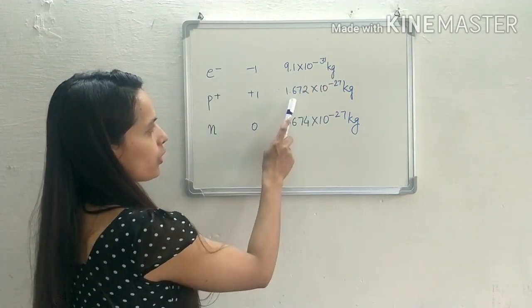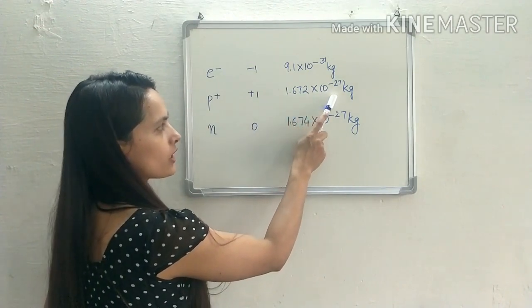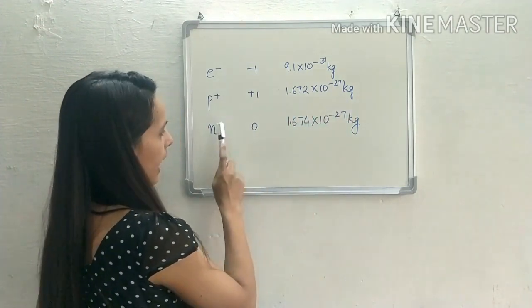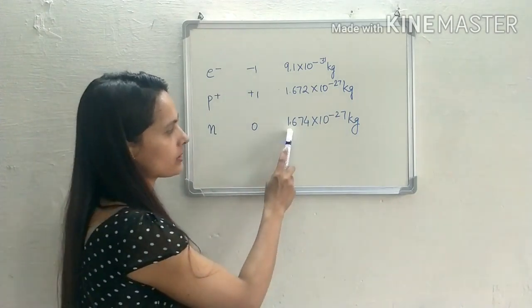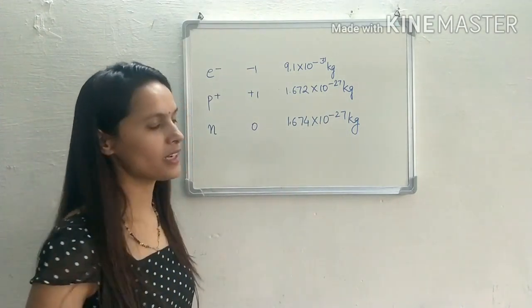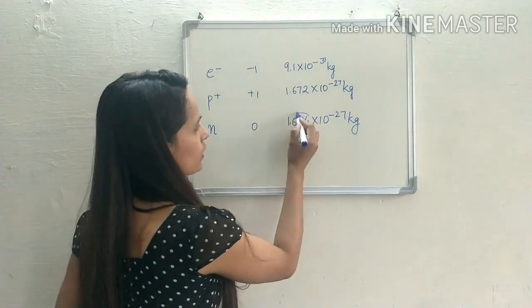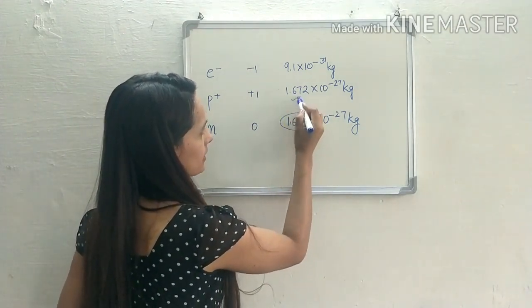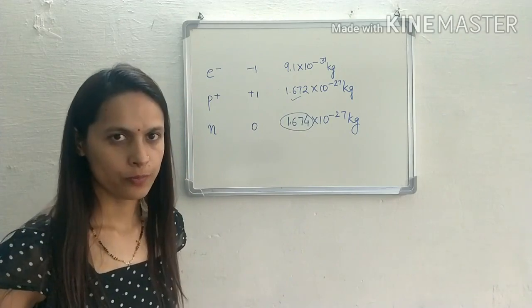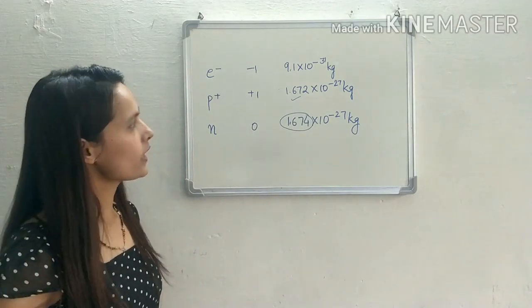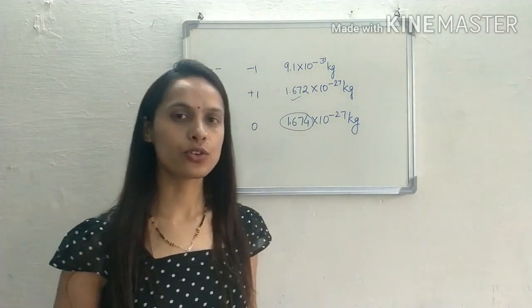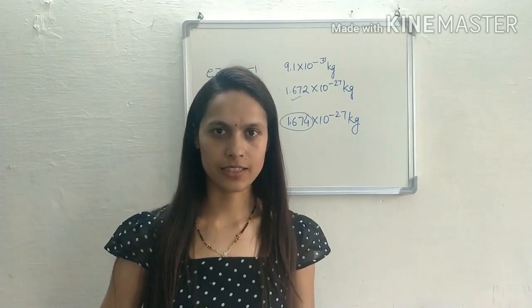The mass of proton is 1.672 into 10 to the power -27 kg. And the mass of neutron is 1.674 into 10 to the power -27 kg. And if you are noticing, the mass of the neutron is slightly greater than the mass of the proton. Clear? So in this way, electron, protons and neutrons were discovered by our scientists.